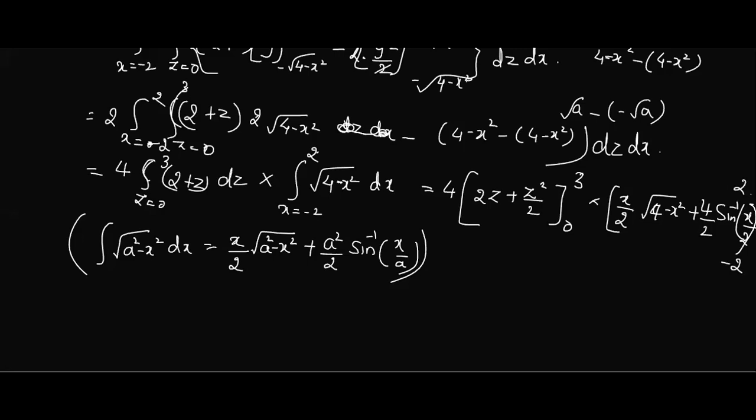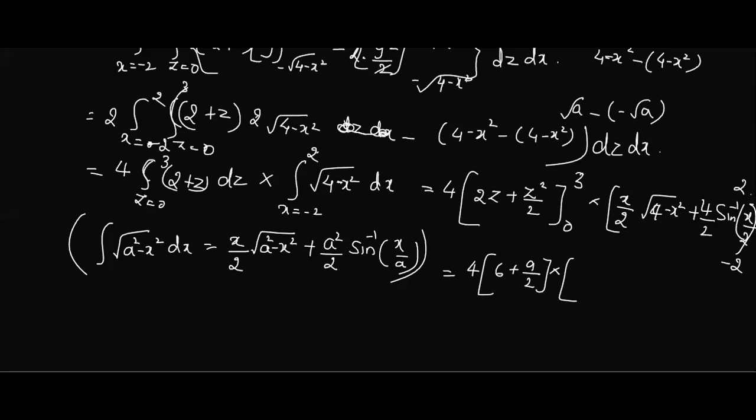Minus 2 to plus 2. Okay, substitute now. This is 4 into bracket. If I substitute z as 3, 2 3s are 6, 3 square is 9 by 2. And what happens to the lower limit if I substitute? It is 0, so leave it. Only substitute the upper limit.